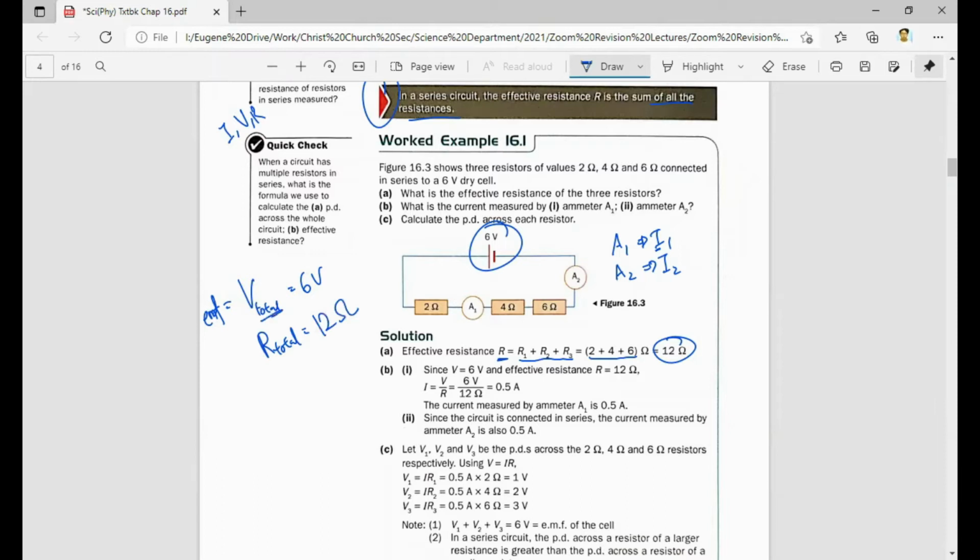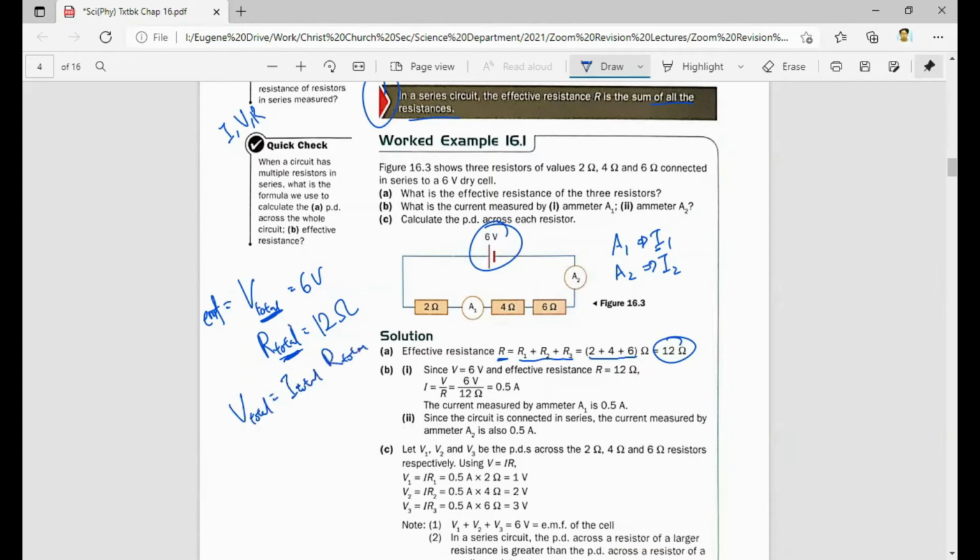I purposely write the word total here to let you know that whenever you're using V equals IR, all these subscript words must be the same. So I want to find the current flowing out, which is I total. I need to use V total and R total. So V total is equal to I total times R total.